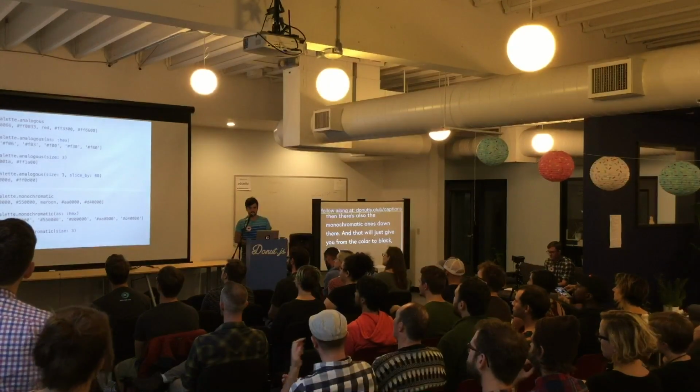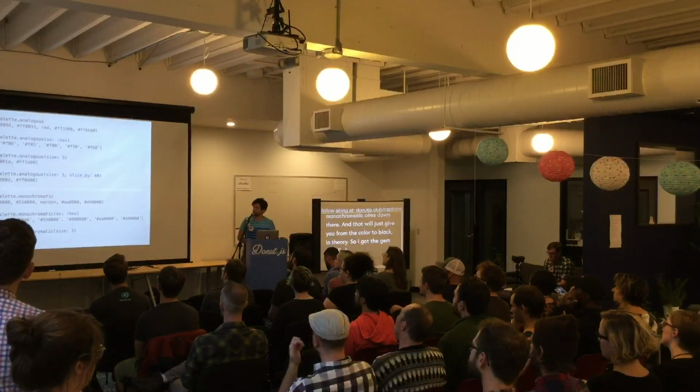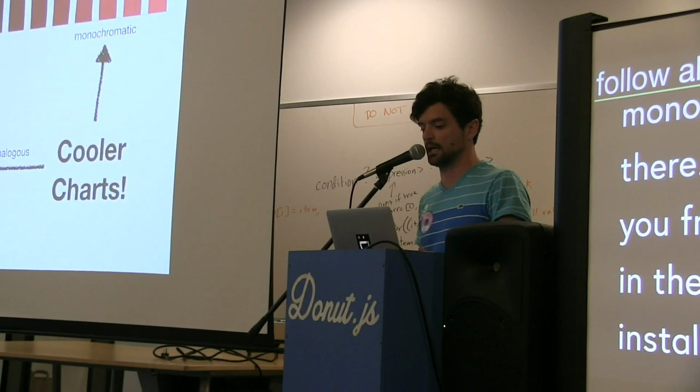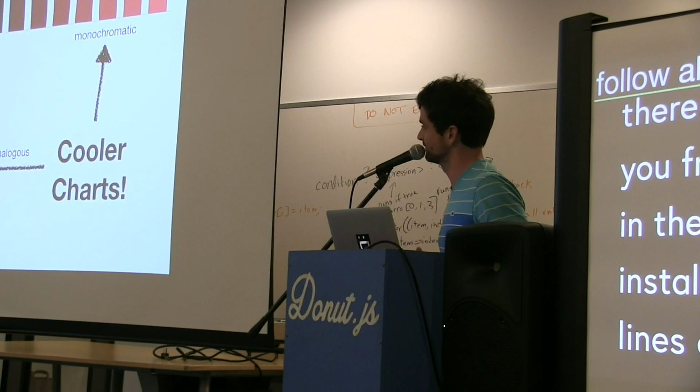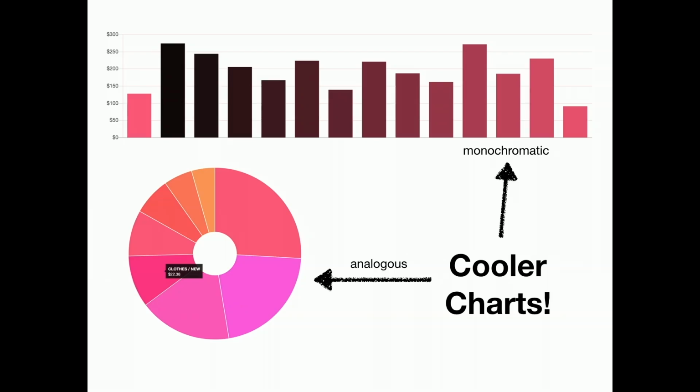So I got the gem installed, put in a couple lines of code, and then I got some cooler charts. Check it out. Monochromatic up top and analogous on the left there. But as you can see, something looks kind of funny. I thought maybe I was goofing or I made a bug, or I wrote the code wrong.